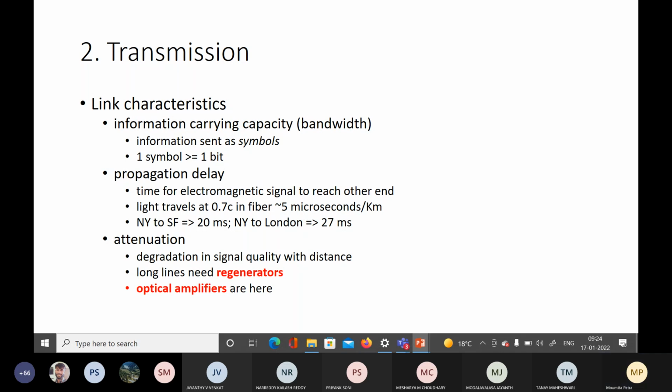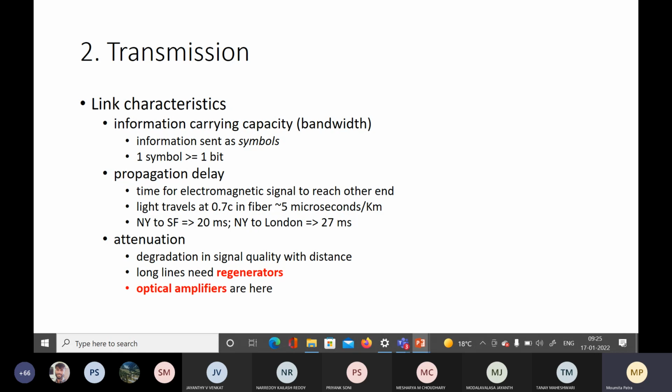That is the reason you have different kinds of cryptographic techniques being used, so that even if somebody taps, it is very difficult to find out the actual data that is being sent. So it's very interesting when you think about it.